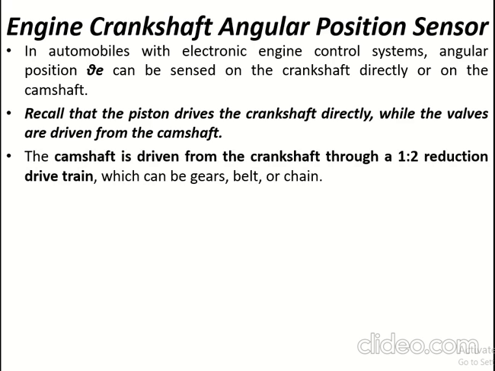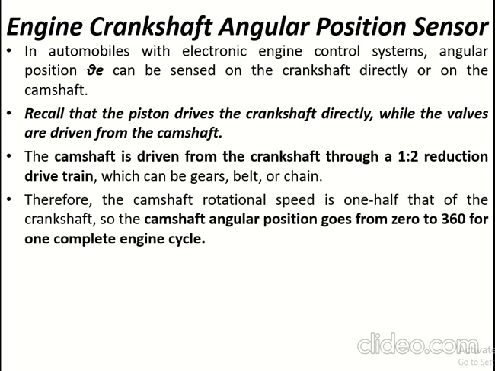The camshaft is driven from the crankshaft through a 1:2 reduction drive, which can be gears, belt, or chain. The meaning is that when the camshaft takes one revolution, the crankshaft undergoes two. So that means we generally consider a 1:2 reduction. Therefore, the camshaft rotational speed is 1/2 that of the crankshaft.